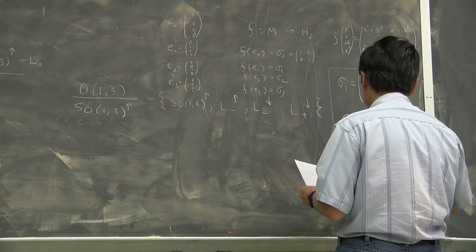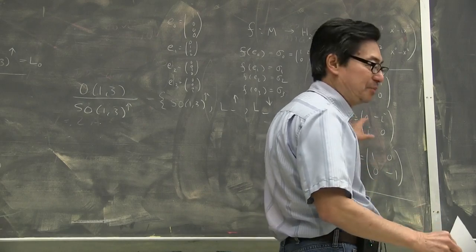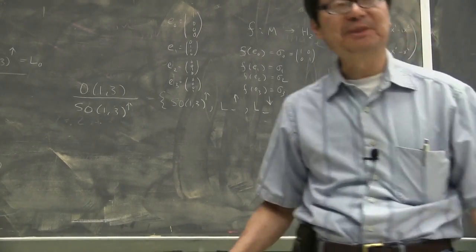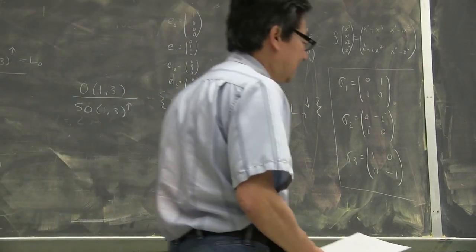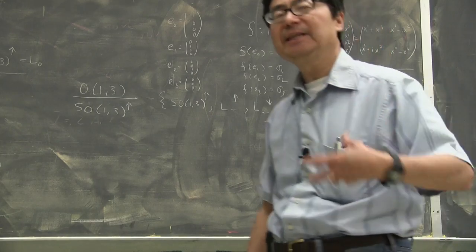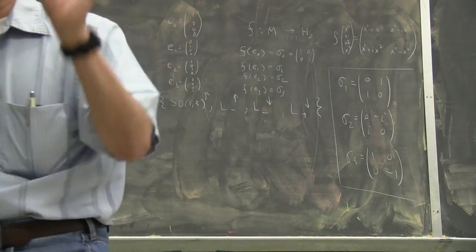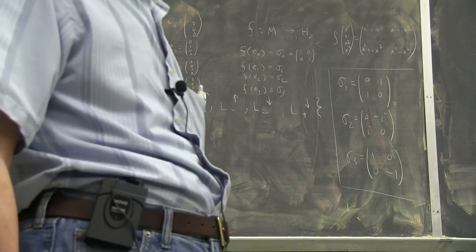Sigma 3 is what's called a spin flip. It flips you from spin a half to spin minus a half, so to speak, because of the 1, minus 1 in there. In any case, the sigmas are the representations of the angular momentum operators on 2-dimensional representations. So it's a representation of SO(3), but the representation is 2-dimensional.